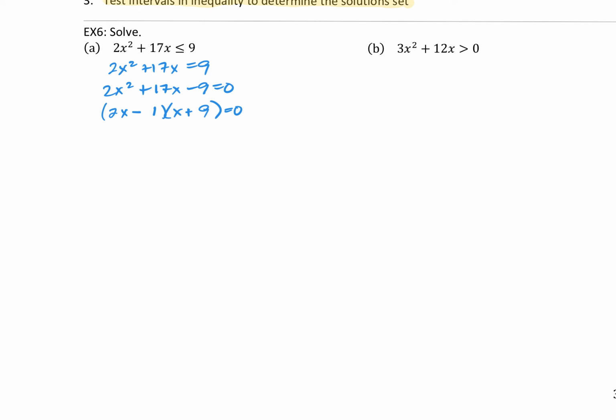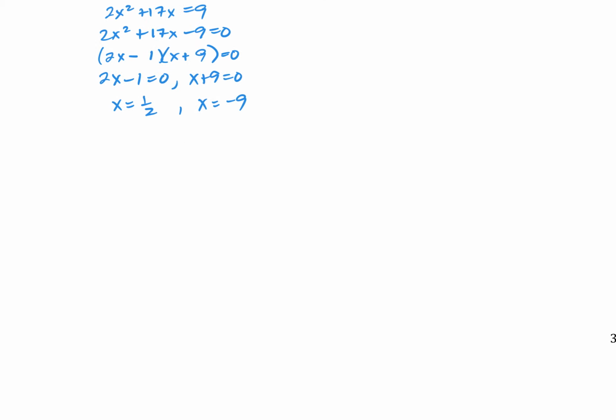Now I would set each factor equal to 0 and solve to get x equal to 1/2 and x equal to negative 9. So we did part 1: we solved the quadratic equation, and we found these points that make our function equal to 0. We're going to take these points and break up a number line.